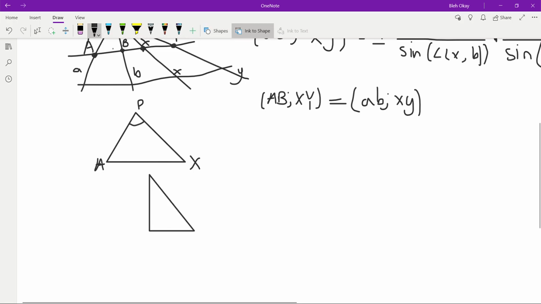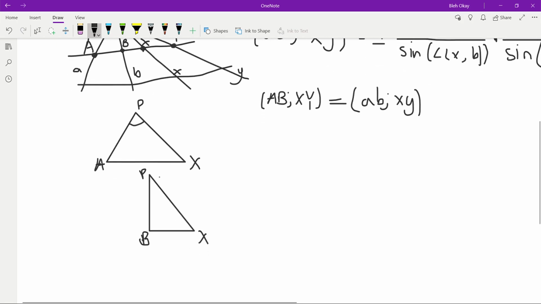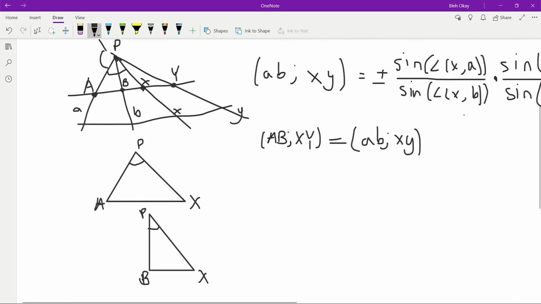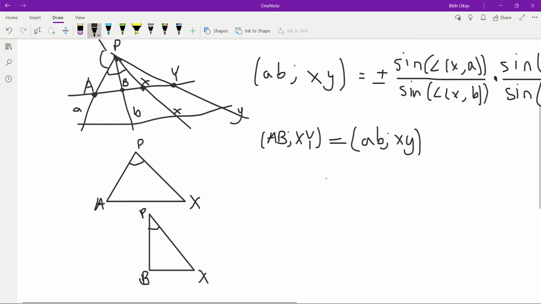It's more right than I wanted it to be, but that's fine. Let's say this is PBX, right? And this is the angle between X and B. Well, we see that in this cross ratio, the first part is XA over XB.